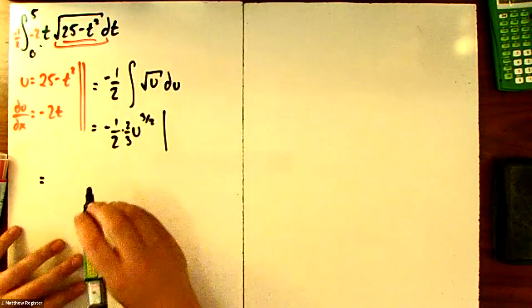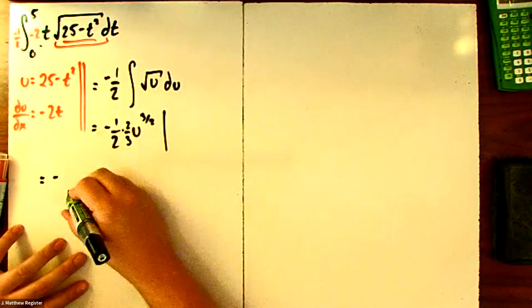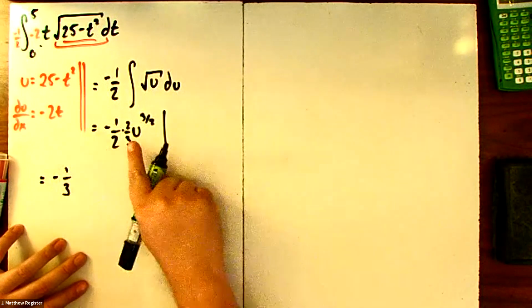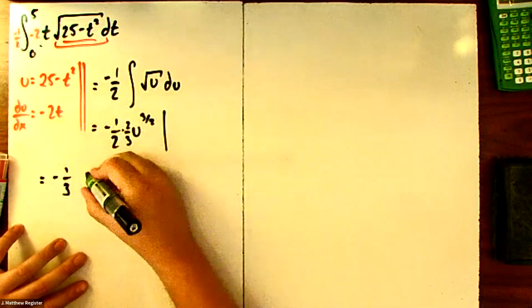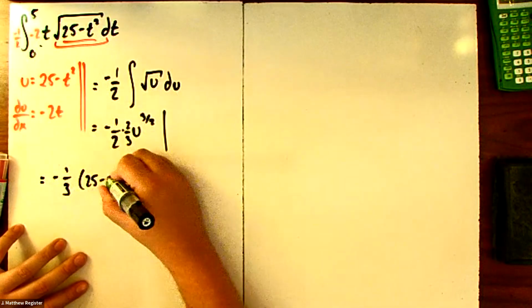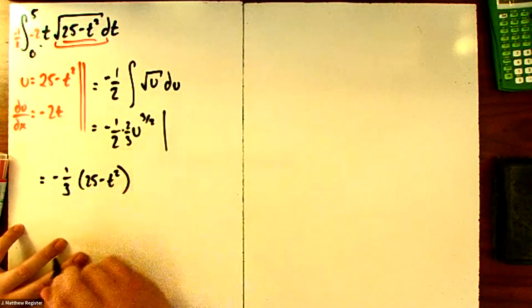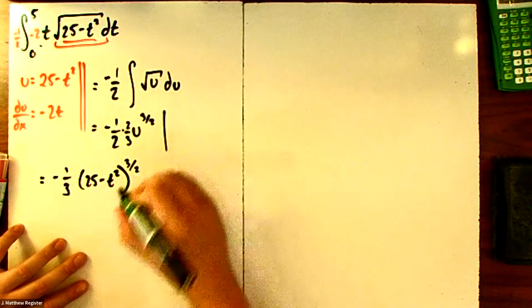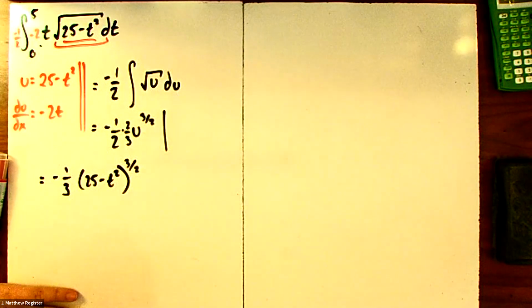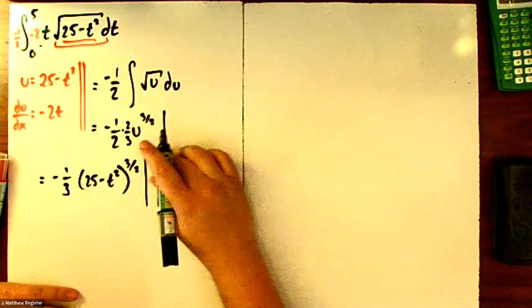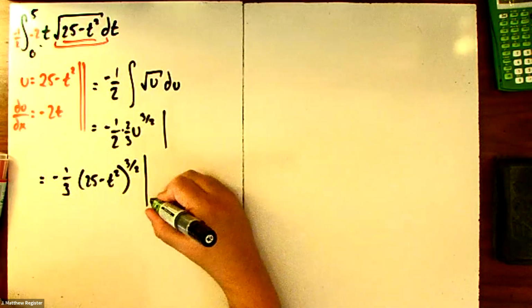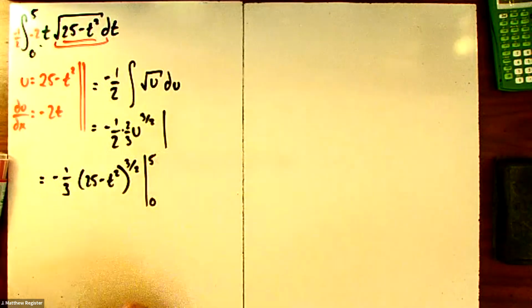Turning this back into t's, we would get negative 1/3 times 25 minus t squared to the 3/2. And now that it's back in terms of t's, we can evaluate this from 0 to 5.